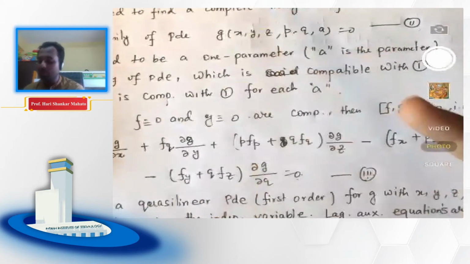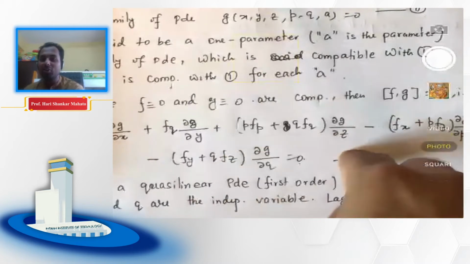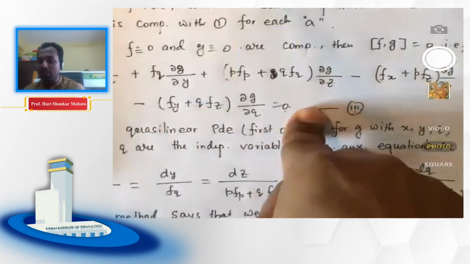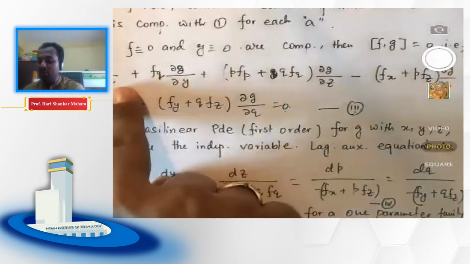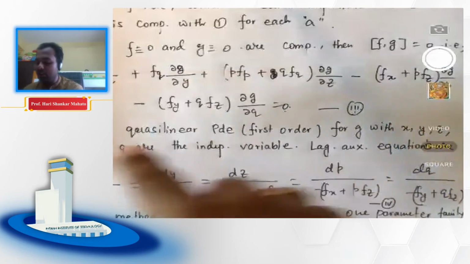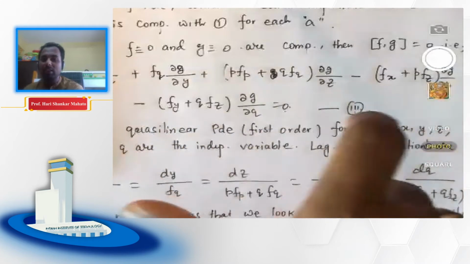So if it is compatible, then it will satisfy the compatibility condition. And from the compatibility condition, what we are getting is basically a quasi-linear first order PD, in G, with respect to the variables x, y, z, p and q. So they are basically independent variables.